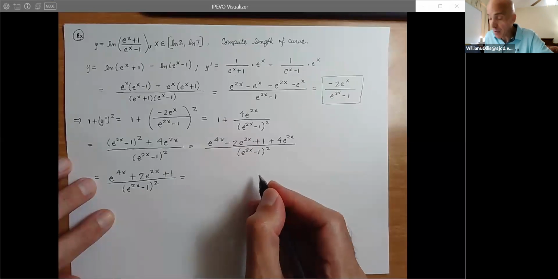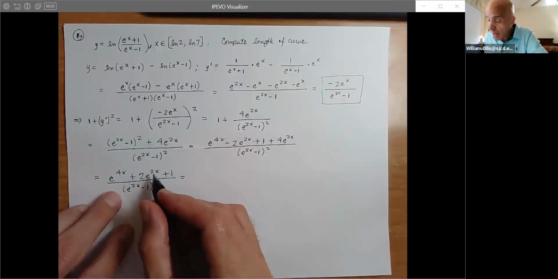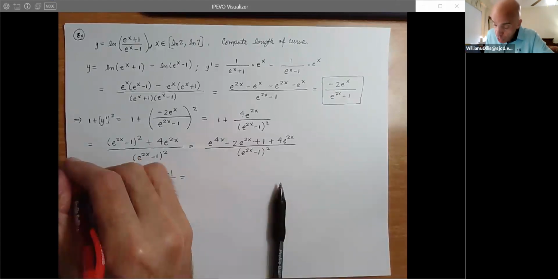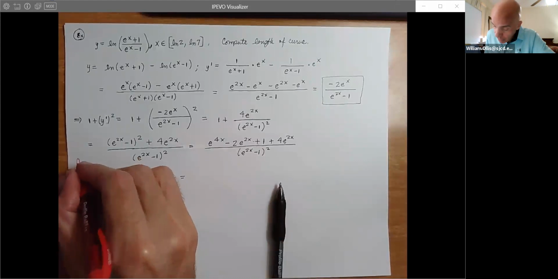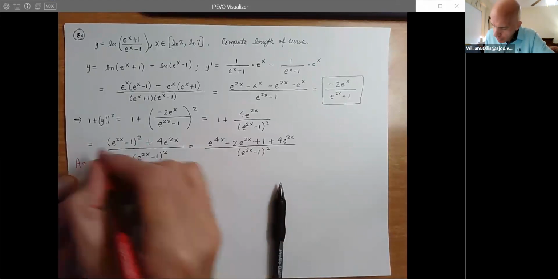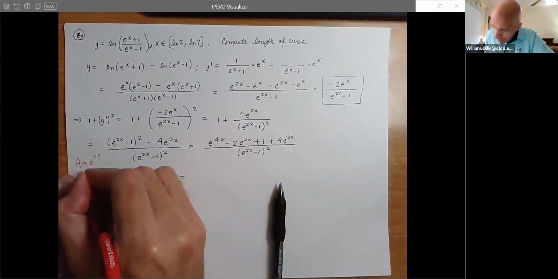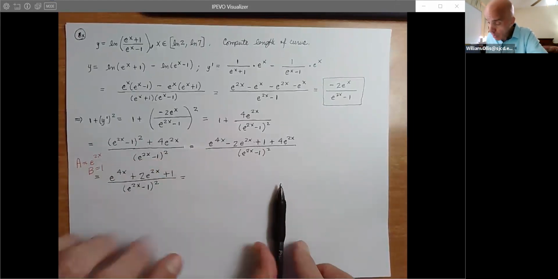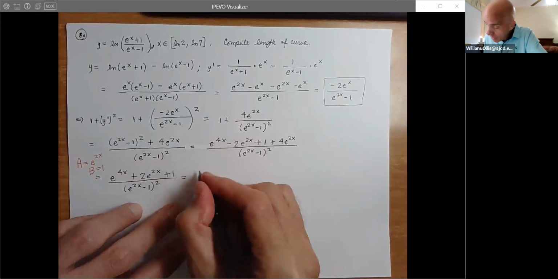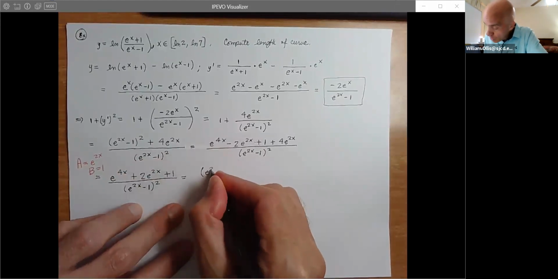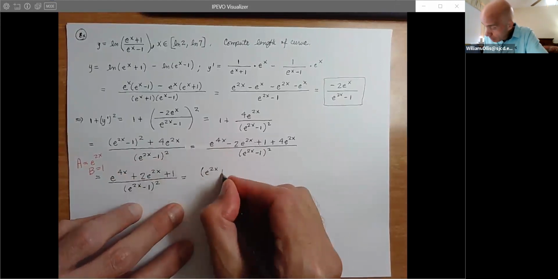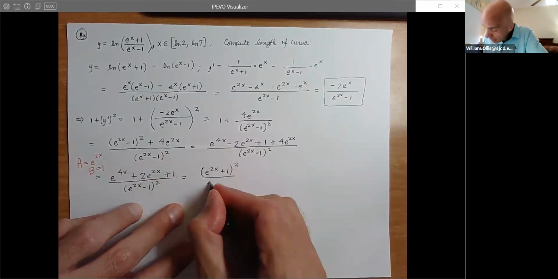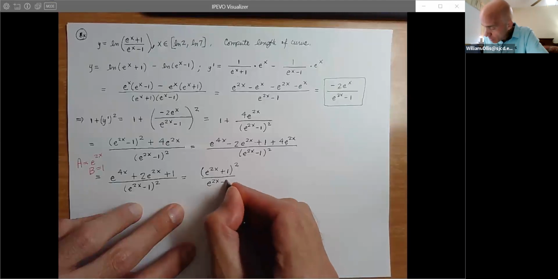We use them without thinking about it. So now, if you like, our a is e to the 2x. So we're just doing algebra here. Algebra 1, algebra 2, right? e to the 2x, and b is 1. So that's a perfect square up there, just like before. So we get e to the 2x plus 1, a plus b quantity squared, divided by e to the 2x minus 1.